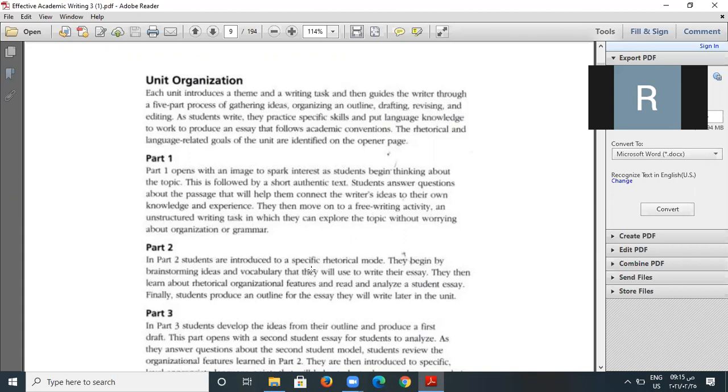Finally, students produce an outline for the essay they will write later in the unit. At the end of part 2, students will be able to write an outline. Outline means it's a kind of guideline for the student on what to write when he starts the actual writing.